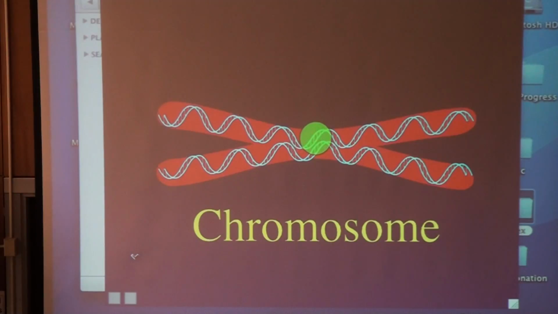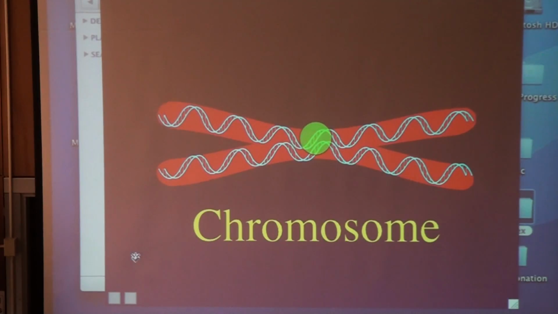Nothing's changed. No new alleles have been generated. If it had the brown color allele for eye color right there, you'll have the brown color allele right there. If you have the allele for blood type A negative there, you'll have the same allele for A negative right there. So it's an exact photocopy of the original chromatid. And you refer to these as sister chromatids, the 2 identical chromatids on a duplicated chromosome.